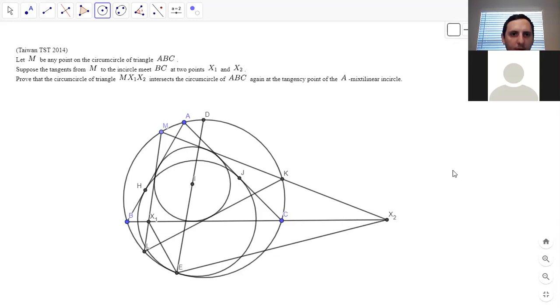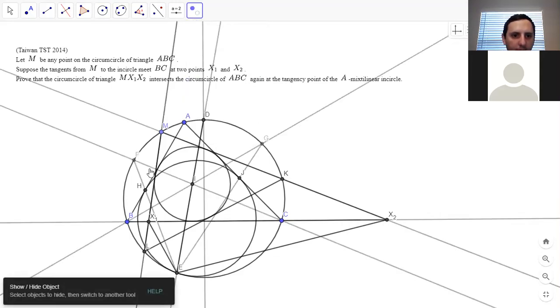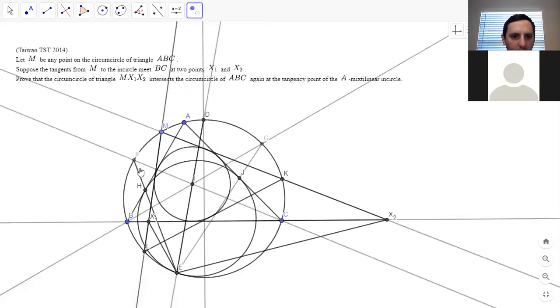Maybe it is worth drawing these points in. I'm not sure they'll be helpful, but we'll try it just for now.